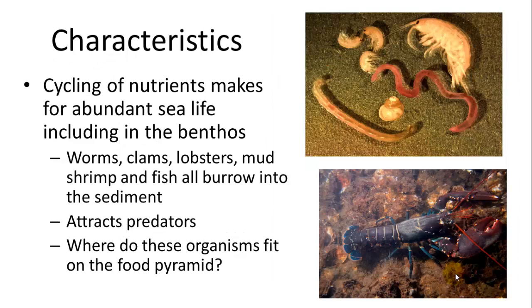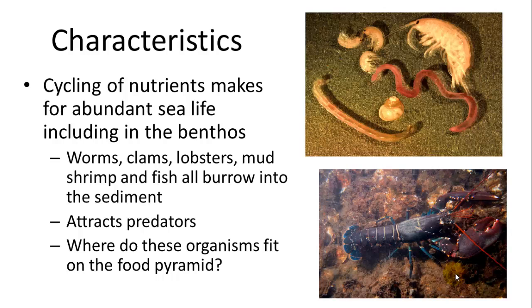However, the cycling of nutrients and the constant bringing up of nutrients from the benthos allows lots of nutrients to be available, so you have a diverse habitat for organisms to establish there, including worms, clams, lobsters, mud shrimp, and fish. And a lot of them burrow into the sediment.